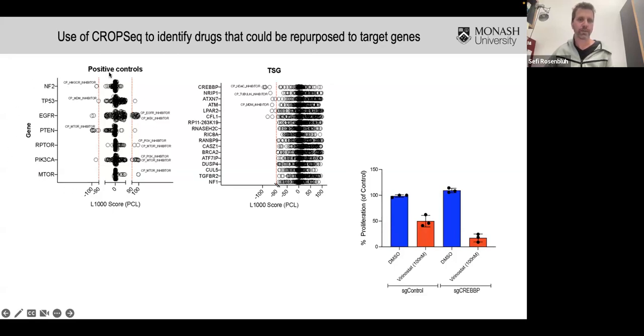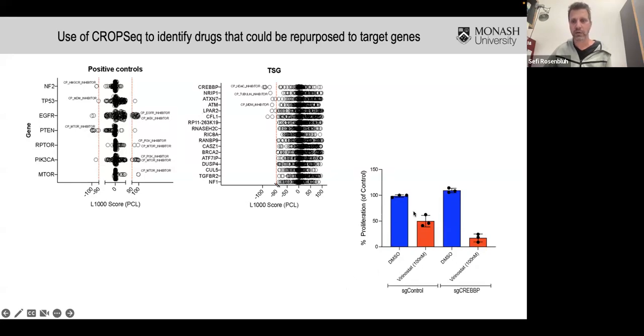Here are known components that we could look at. Knocking down p53 will give you MDM2 inhibitors, and knocking down PTEN will give you mTOR inhibitors.